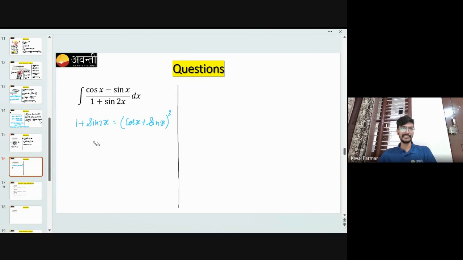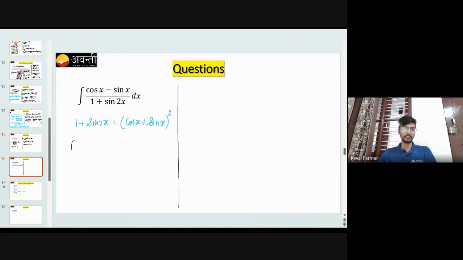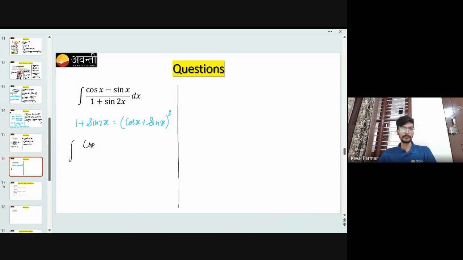my integral will be integration of cos x minus sin x upon cos x plus sin x the whole square dx. If I put cos x plus sin x equals t, this is my f of x and this is my f dash of x.